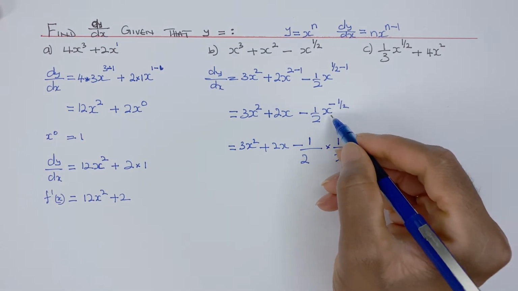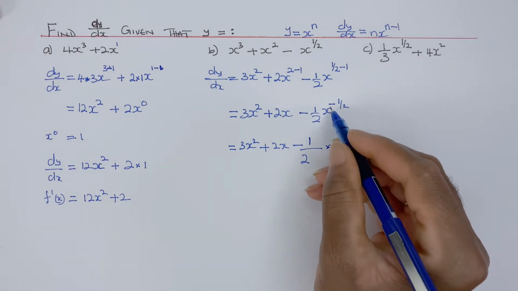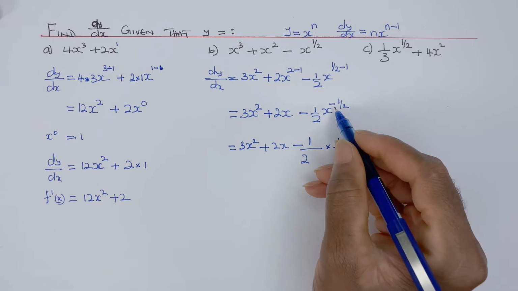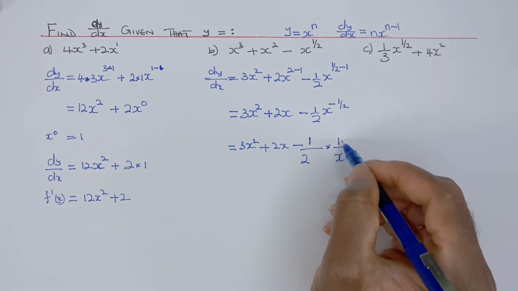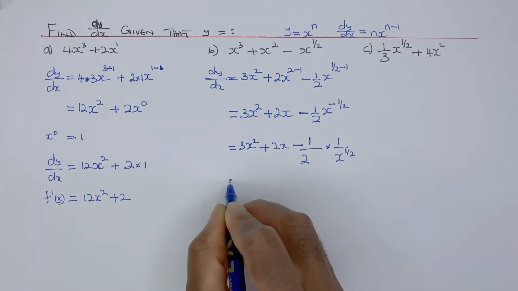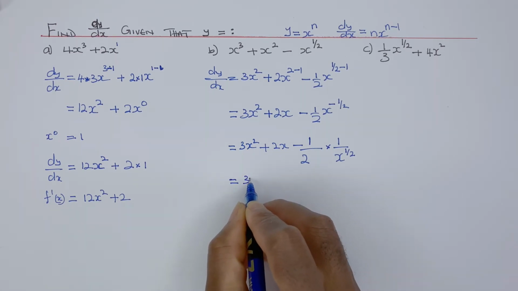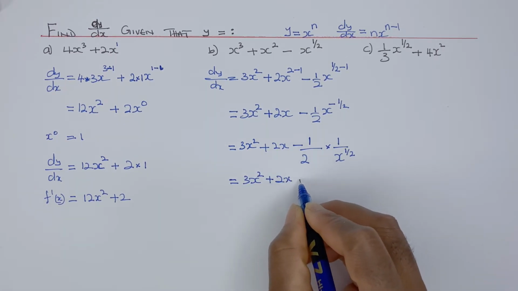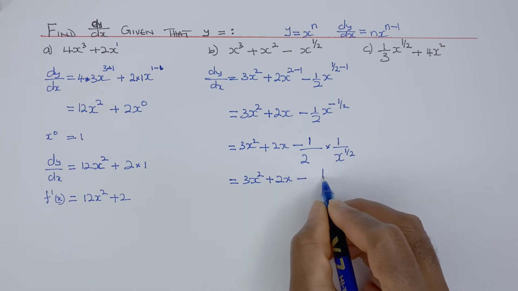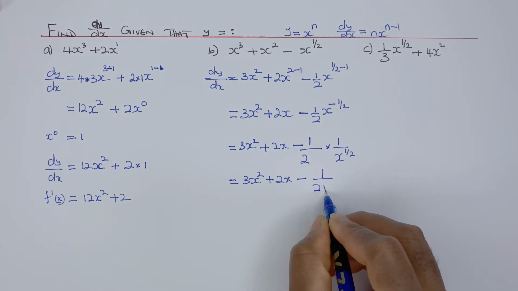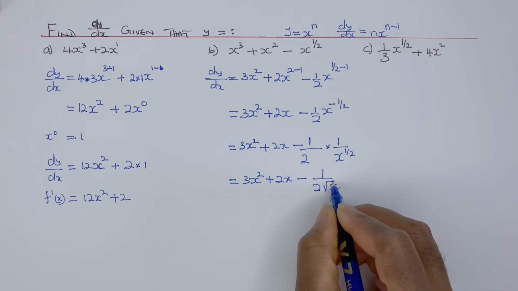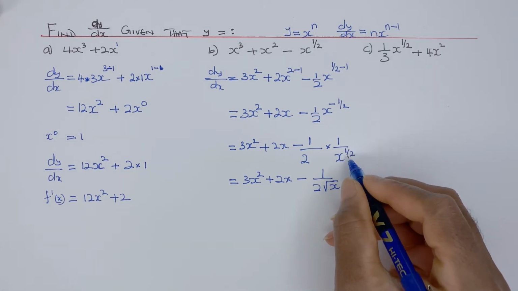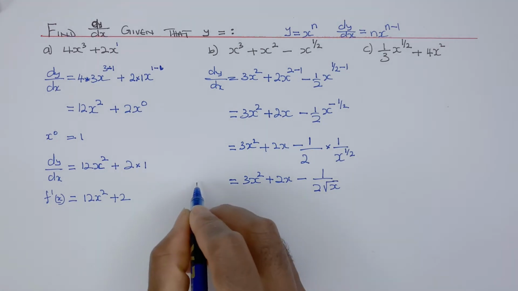From the law of indices, that's what that is, because it's power minus, so it will be the positive power and its reciprocal to the negative power. And 3x squared plus 2x minus 1 over 2 root of x, because x to the power a half is a root, so that's why that is, and that's dy/dx.